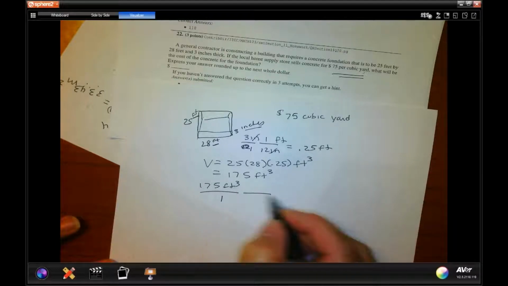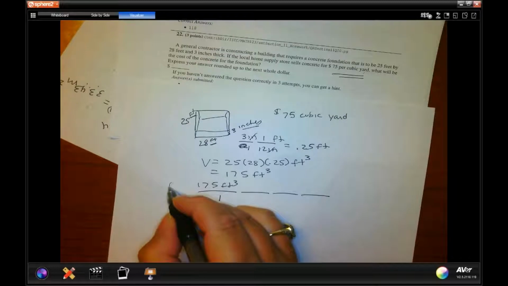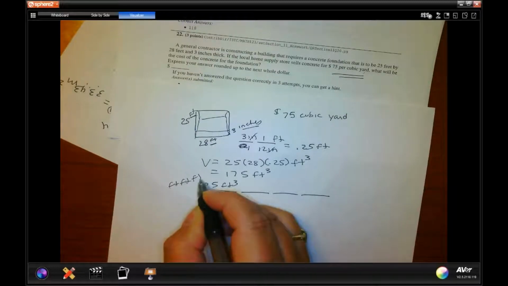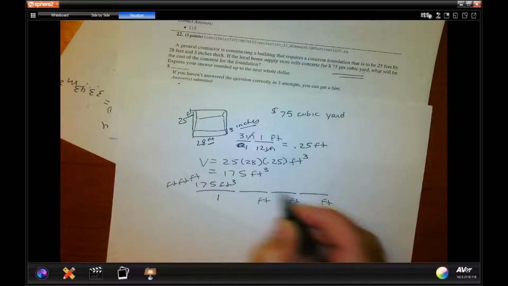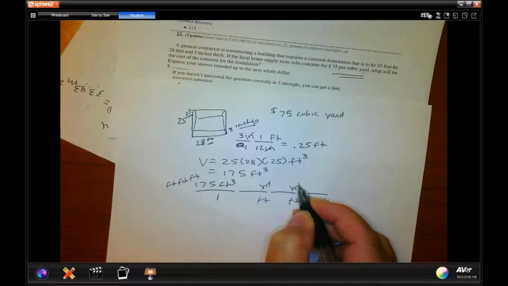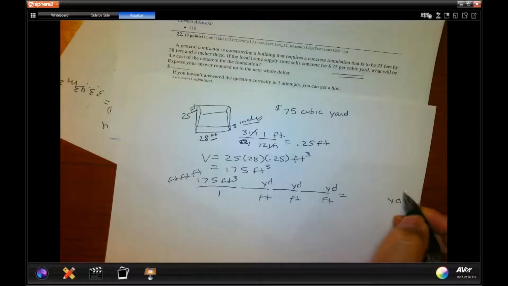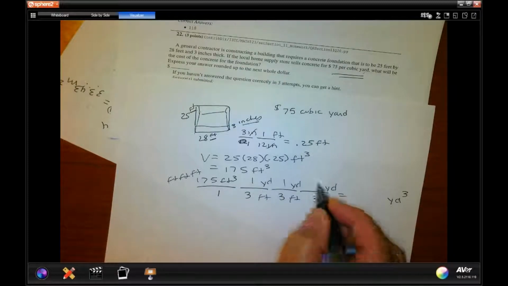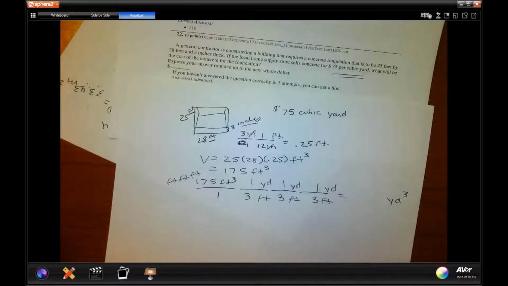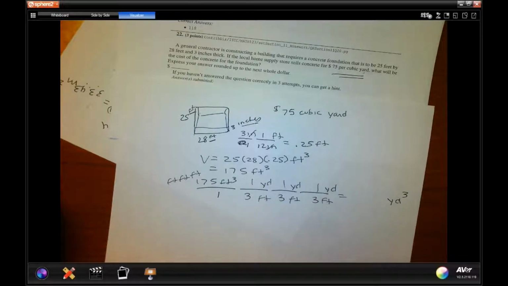Now we need to convert feet cubed to yards cubed. I have to cancel feet cubed, which is feet as a factor 3 times, which will take me to yards cubed, which is what I desire. 3 feet in 1 yard. So 175 divided by 3 divided by 3 divided by 3.